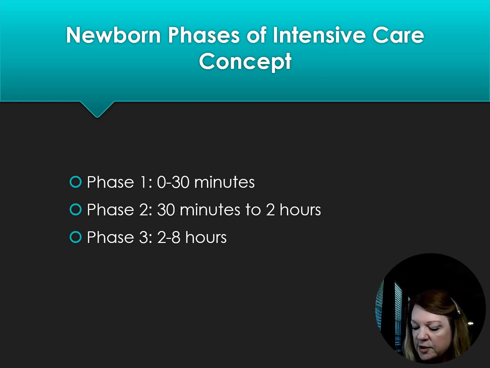You'll have irregular respiration. You might even have some rales or wheezing present, some crackles present. The babies in the very beginning, in that first 30 minutes, they're usually so alert. Their eyes are huge. They're very alert.